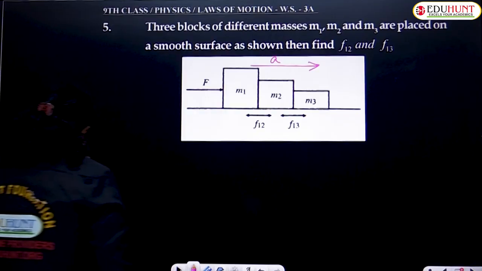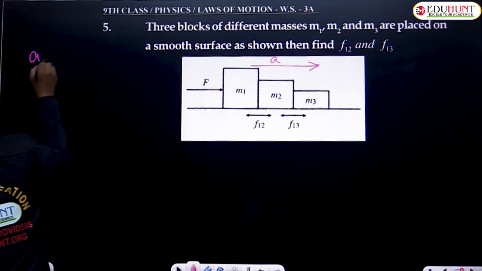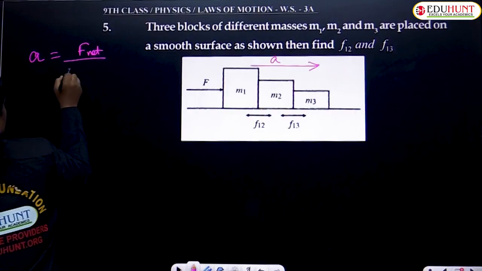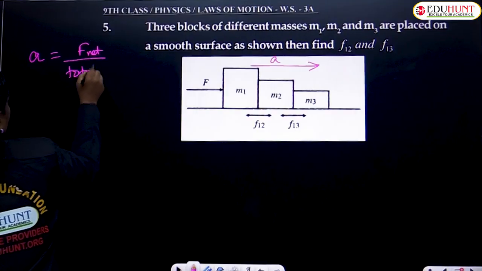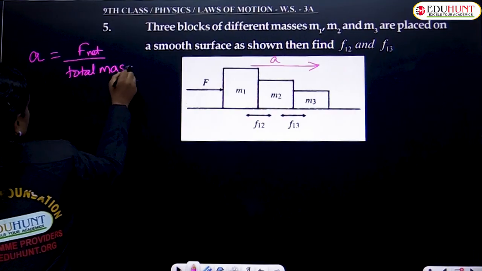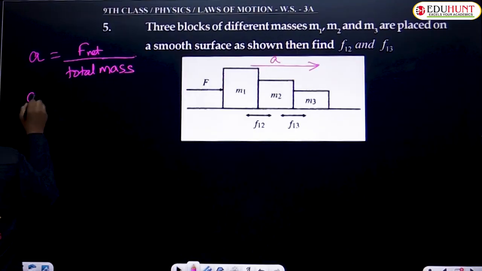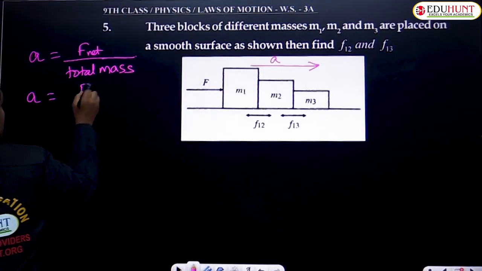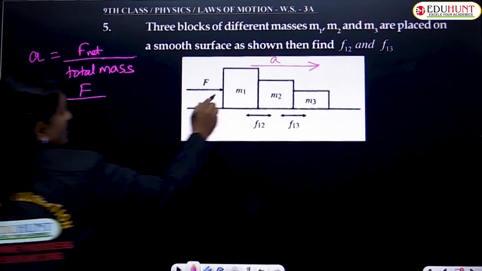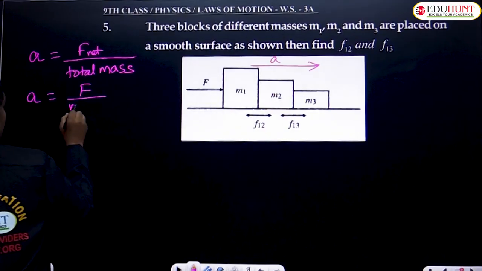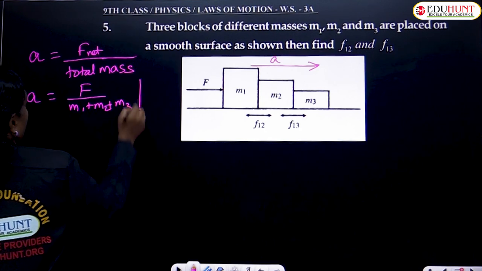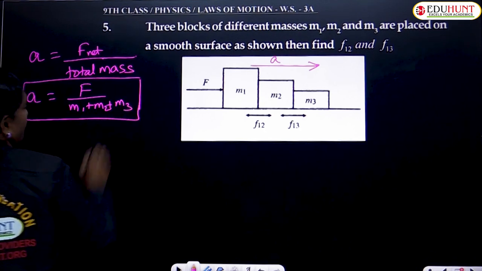We know that the acceleration of the system A is equal to the net force acting on the system divided by the total mass of the system. So A is F net. What is the net force acting on the system? F. And what is the total mass of the system? M1 plus M2 plus M3. This is the acceleration of the complete system.